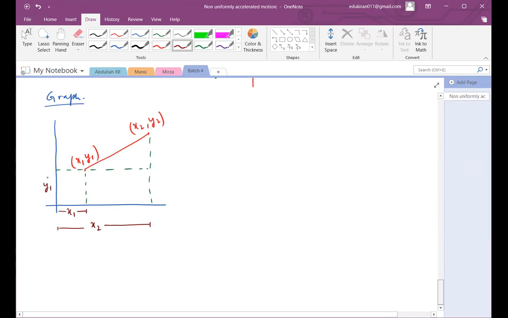Similarly, y1 will be from this point to this point and y2 from this point to this point. If you subtract these two terms, you will get x2 minus x1.